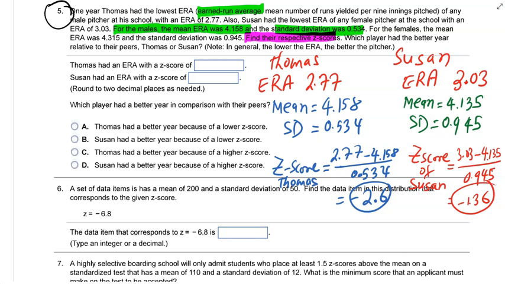Susan's z-score is negative 1.36. Thomas's z-score is negative 2.6, which is smaller. Therefore, in this case, Thomas had a better year because he has the lower z-score.